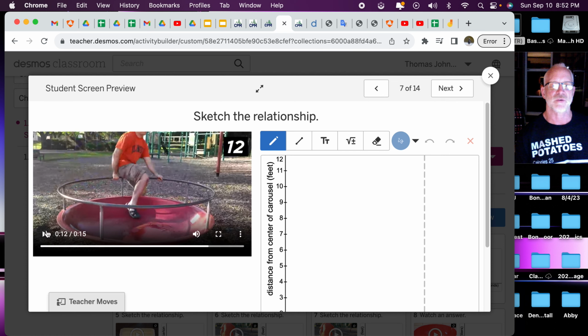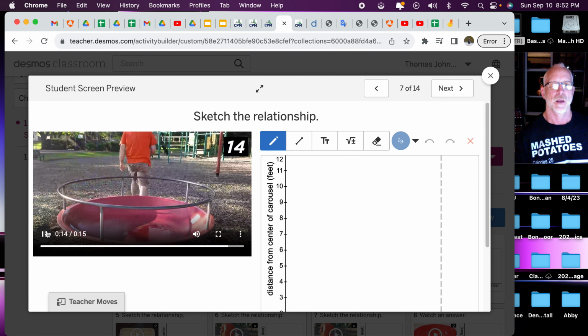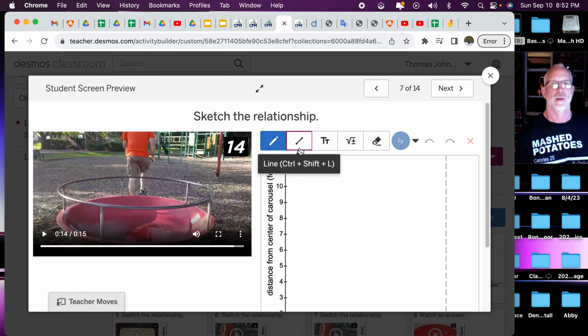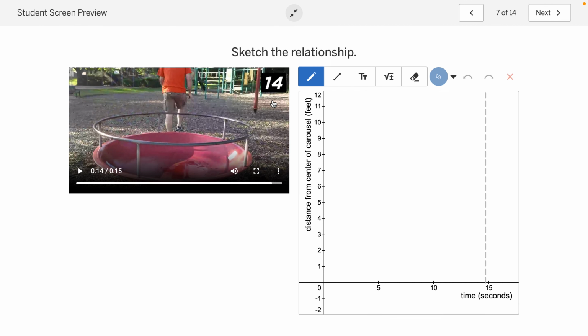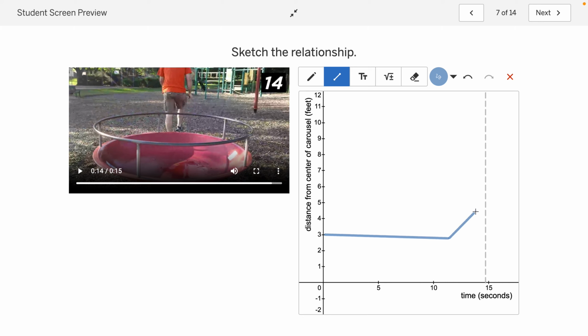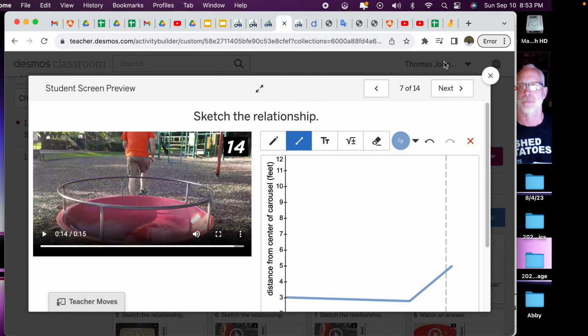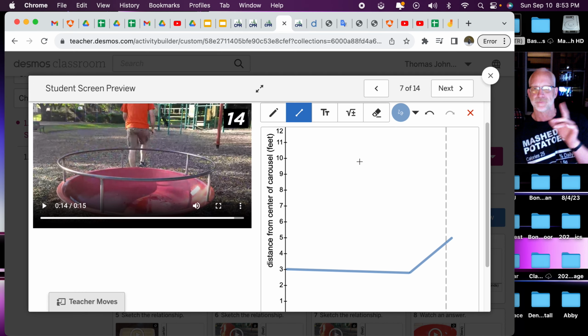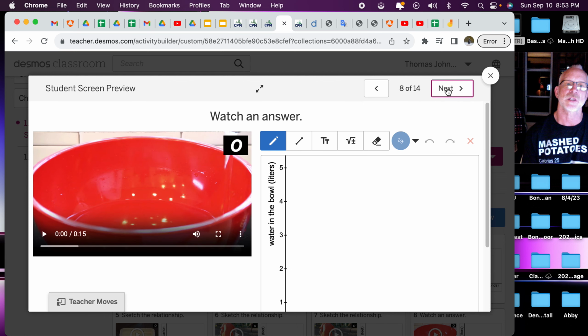But he stops at 12, and then he walks away. All right, so I'm thinking something like this. I'm going to say 3 feet. He doesn't change, he doesn't change, he doesn't change. And then he stops here, and then he starts walking away. That's my guess.